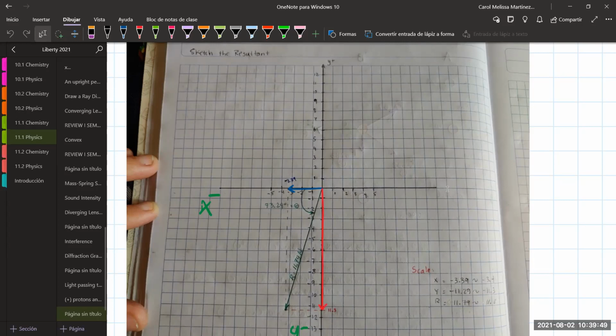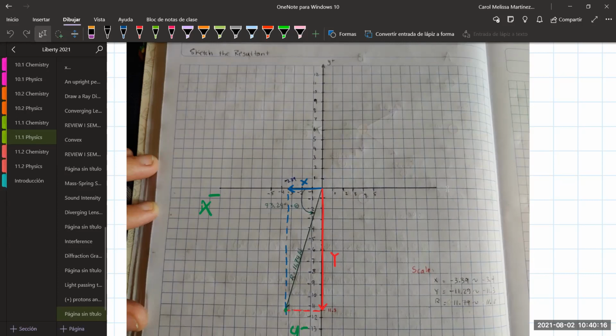Those are my x and y. This is y and this is x. And for my resultant, what I do is I make a dash line, okay? And then I cross with the dash line here. And the point where the two dash lines intersect is the size of my resultant.